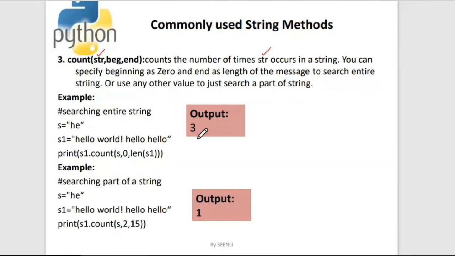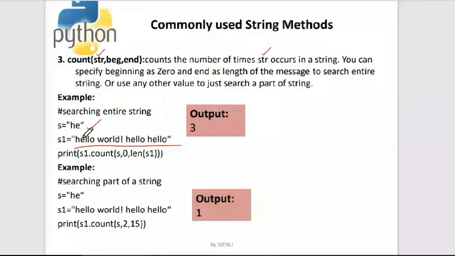To represent this concept, I have given 2 examples over here. The first example is I want to search HE in this particular string. The string that I want to search is HE, in the given string S1. So S is the string that I want to search, and S1 is the given string. I want to search whether S is appearing in S1 or not.